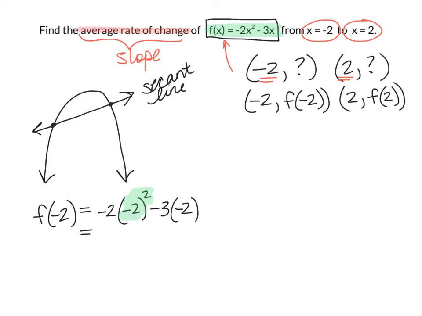So make sure you abide by order of operations here. So negative 2 squared is positive 4. Then negative 3 times negative 2 is positive 6. And that gives us negative 8 plus 6, which gives us an output of negative 2. So when x was equal to negative 2, the output, the y value, actually was also negative 2.